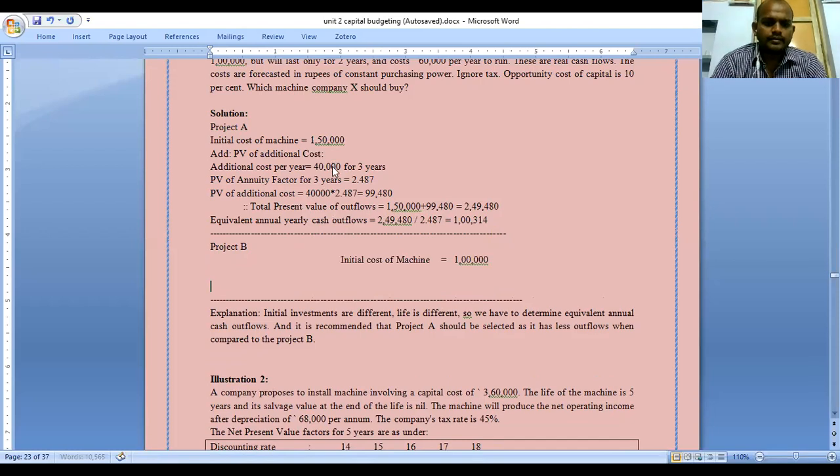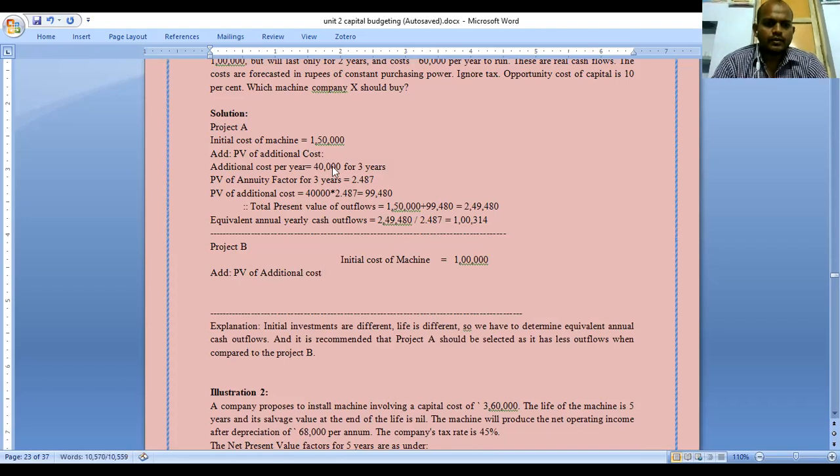Add present value of additional cost. Cost per year 60,000 for 2 years.